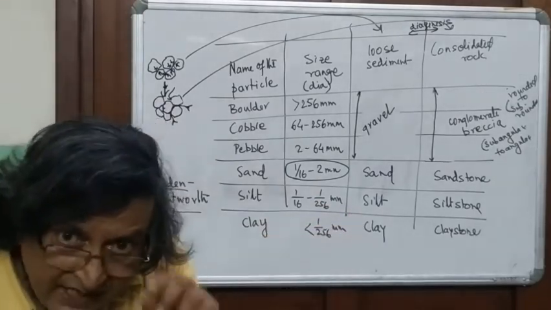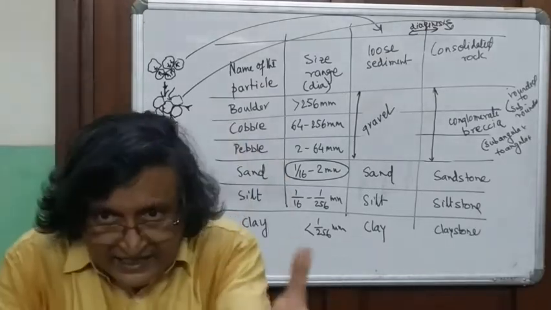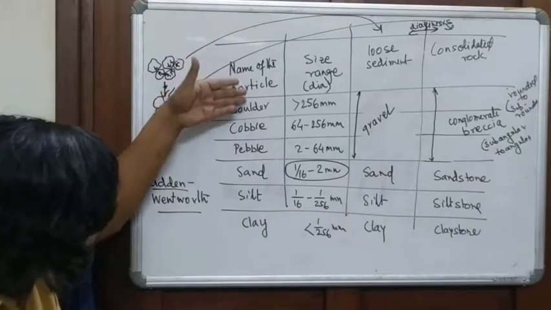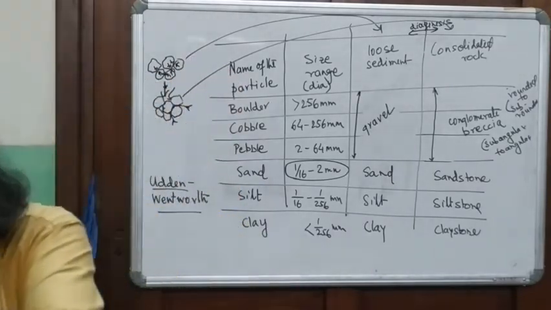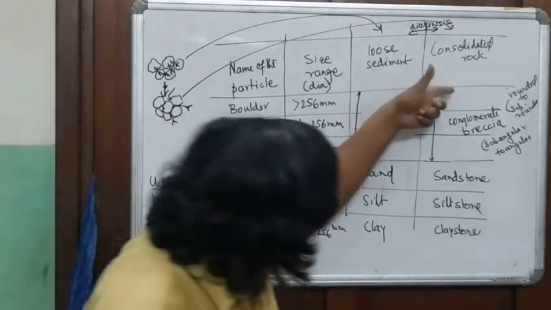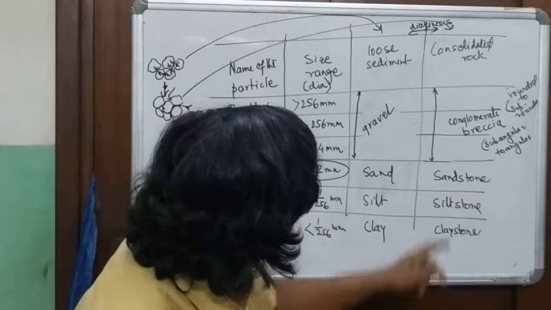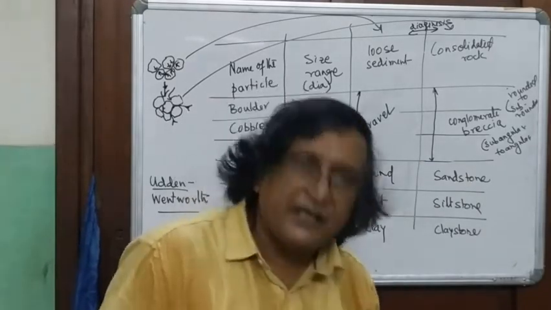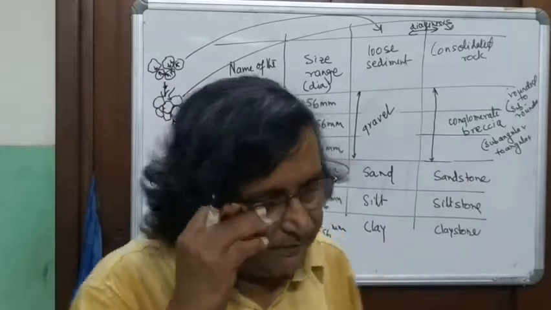But remember, these terms refer to the aggregate of loose sediments, and the earlier names are for the individual grains. And these are the names sandstone, siltstone, claystone, conglomerate and breccia. These are names of the consolidated sedimentary rocks.